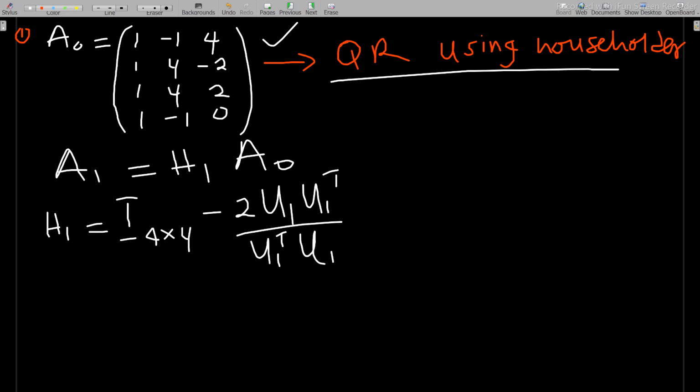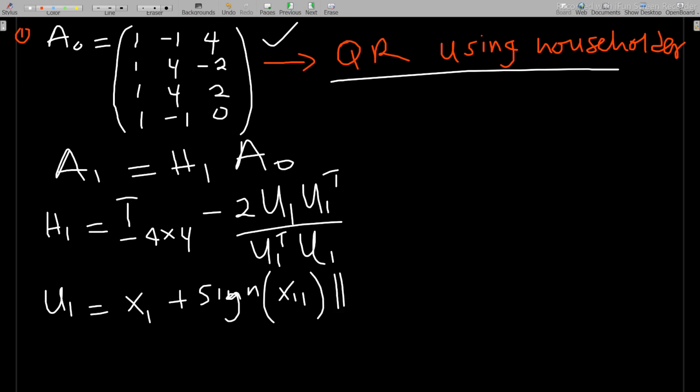You are supposed to find u1, which is equal to xk, which is x1, plus the sign of x11 times the modulus of x1 (2-norm) times the first column of the identity matrix that we'll use. Here we have a whole lot of work to do, but I'll be doing some of it on my calculator, so try to bear with me with the use of the calculator.